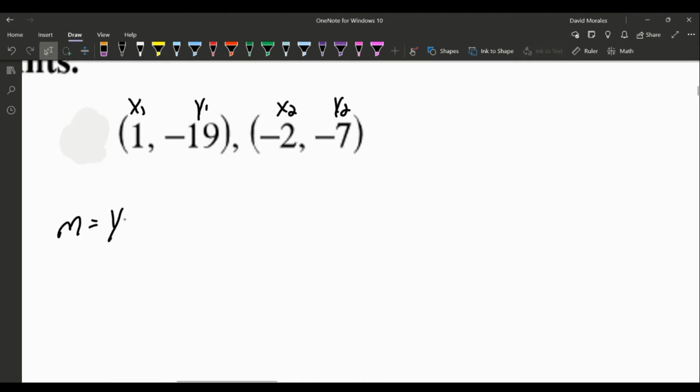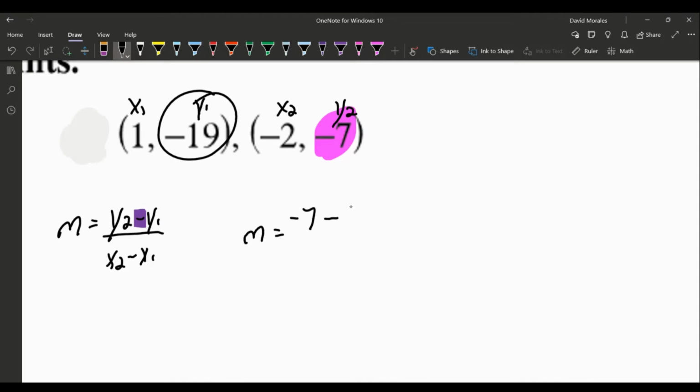M equals y2 minus y1, and then x2 minus x1. Okay, so I'm gonna write this better. All right, so what is my y2? Negative 7. So m equals negative 7, right? Now I'm subtracting here. So you always put a subtraction sign. Minus y1. y1 is a negative 19.